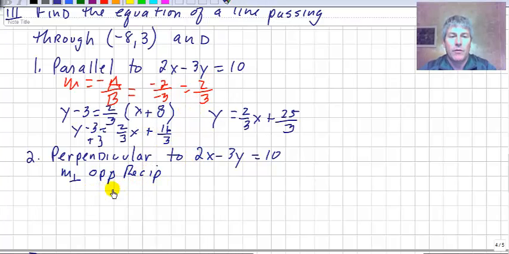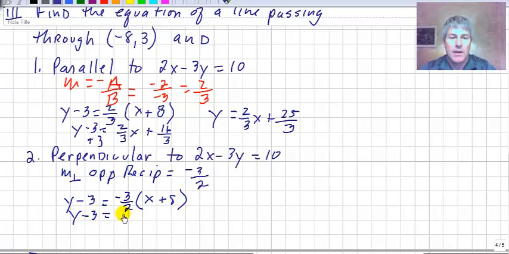The opposite reciprocal then is negative 3/2. So now we start again. We go back to point-slope form. We have our point, (-8, 3), so y minus 3 equals, and then our perpendicular slope, negative 3/2, times x plus 8.